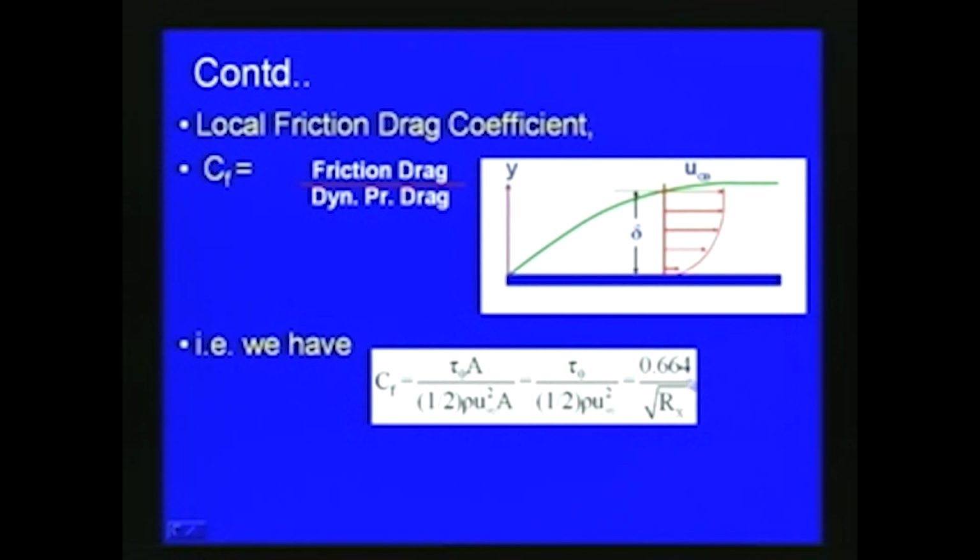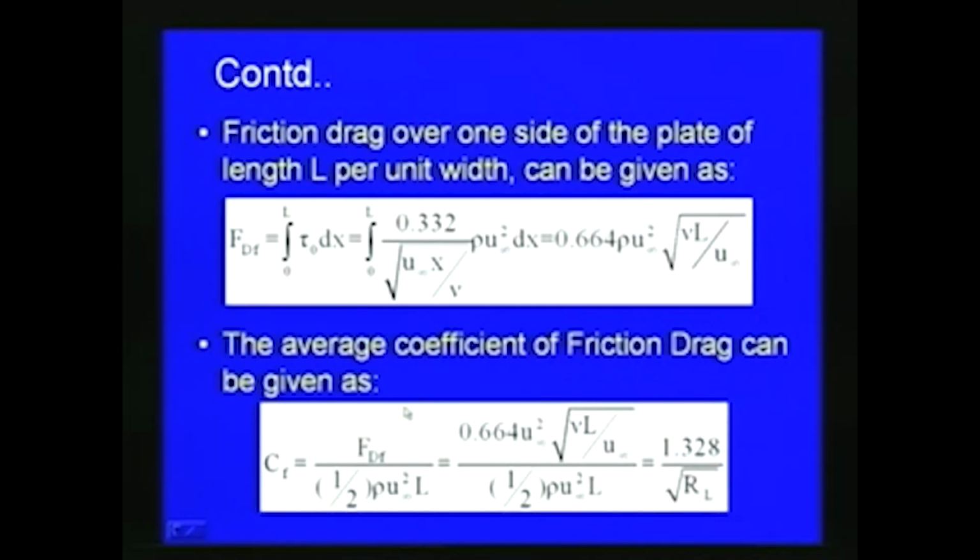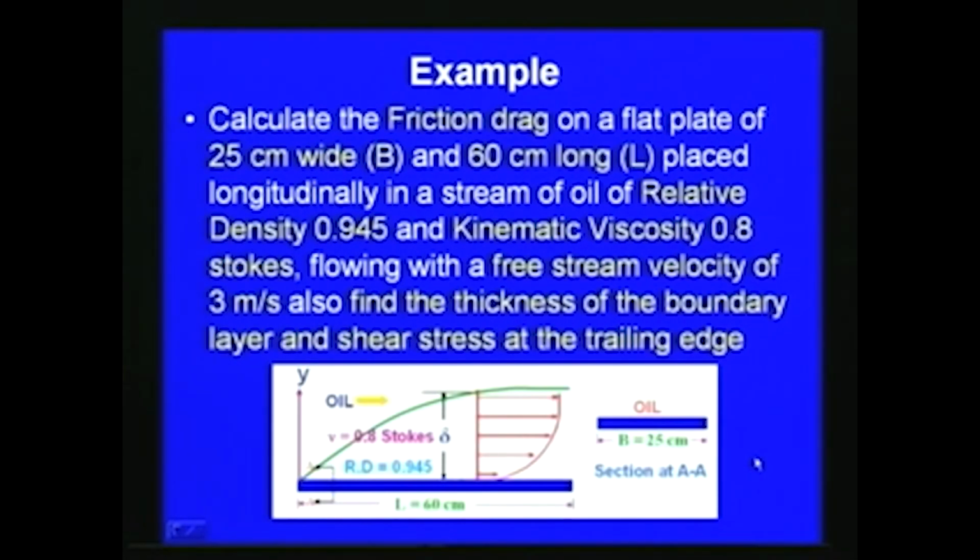In the previous case, what we considered was the local friction drag coefficient, which we got as 0.664 divided by square root of R x. Here we got Cf is equal to 1.328 divided by square root of R L, where R L is the Reynolds number at the end of the plate. So, various parameters have been derived for the coefficient of drag, whether local or at the end of the plate.